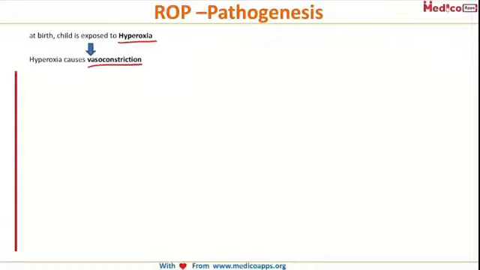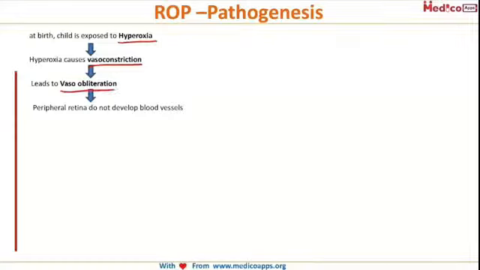This in turn leads to vasoobliteration, and because of this vasoobliteration, the peripheral retina does not develop blood vessels. This in turn leads to hypoxia.